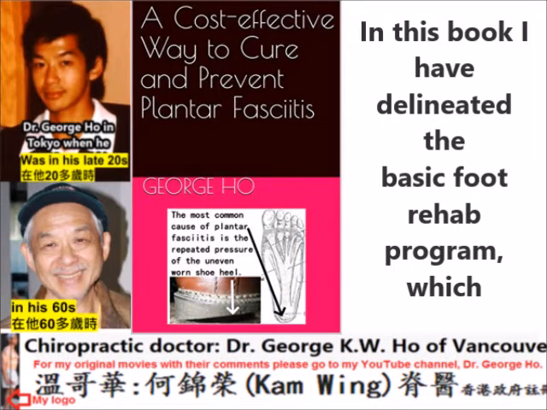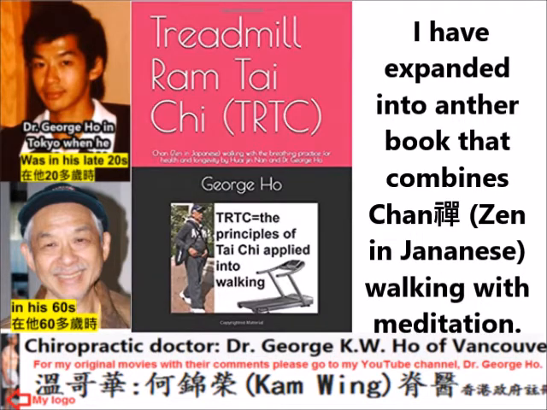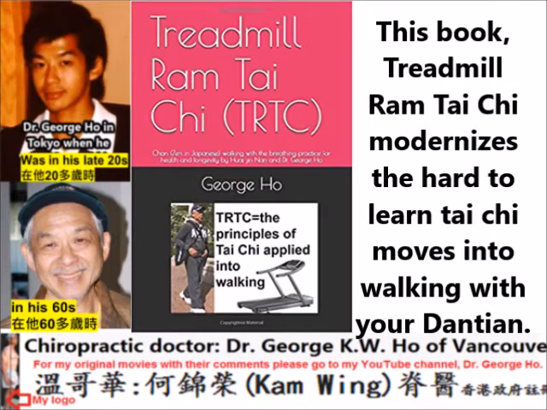In this book, I have delineated the basic foot rehab program, which I have expanded into another book that combines Chan walking with meditation. This book, Treadmill Ram Tai Chi, modernizes the hard-to-learn Tai Chi moves into walking with your dantian.